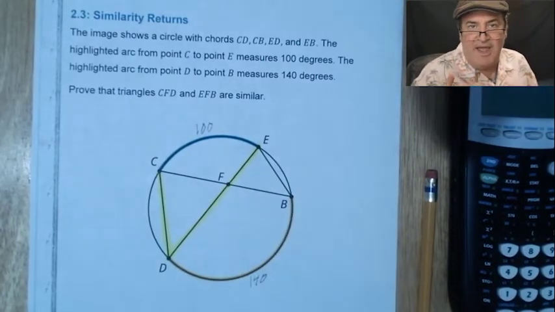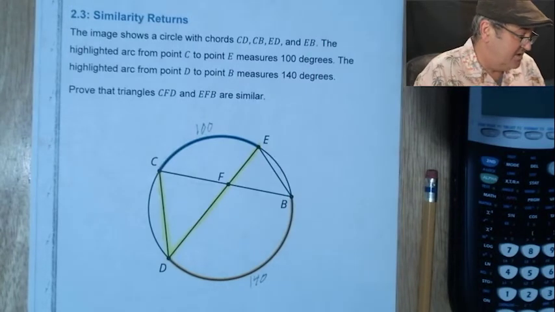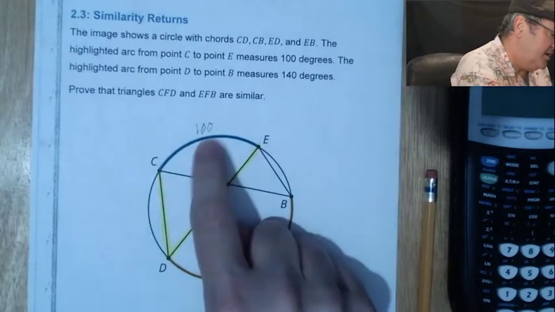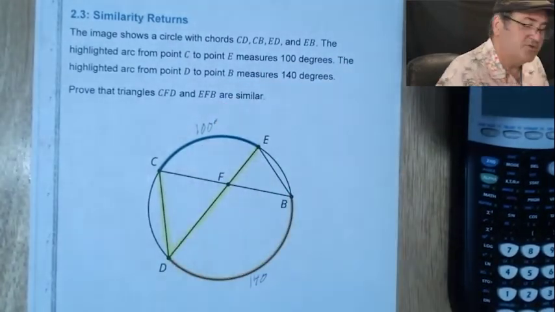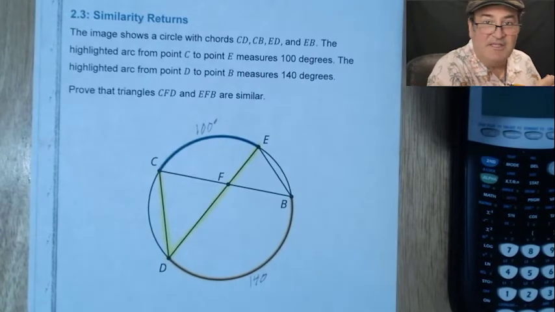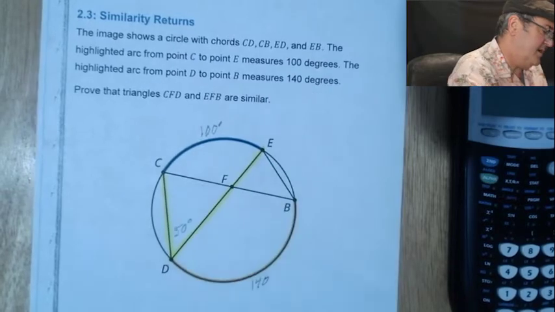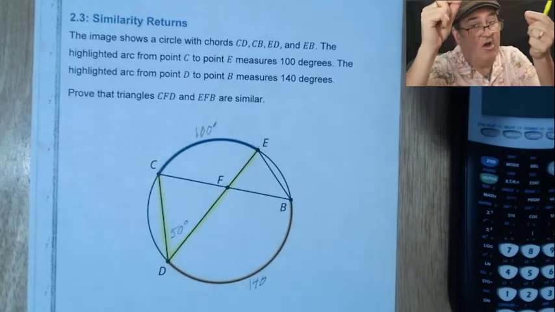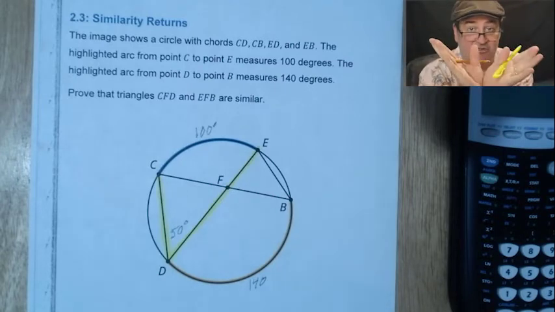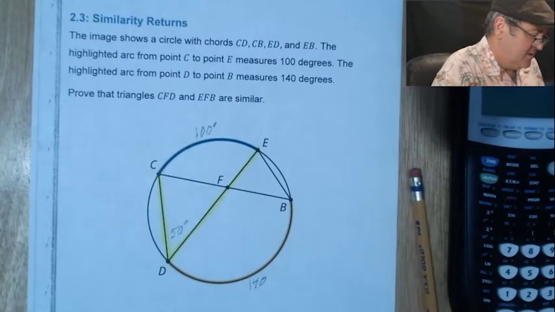We already saw that: the central angle and the arc have the same degree. So since that's 100 degrees, and this is an inscribed angle, it has to be a 50-degree angle. It has to be half of the central angle, half of what the arc is, because the arc is the same as the central angle. Wonderful. Well, that tells me something.